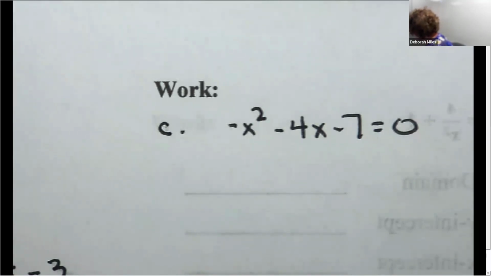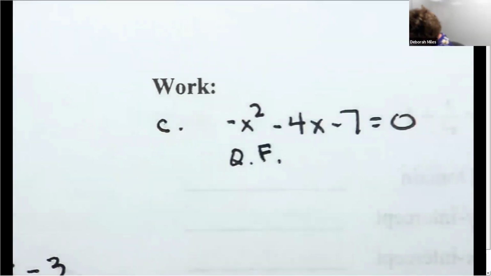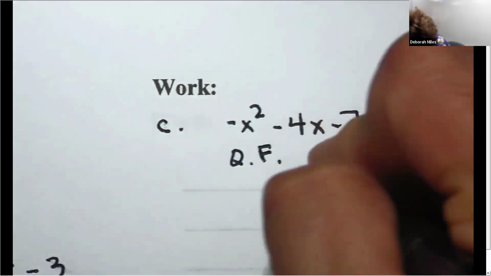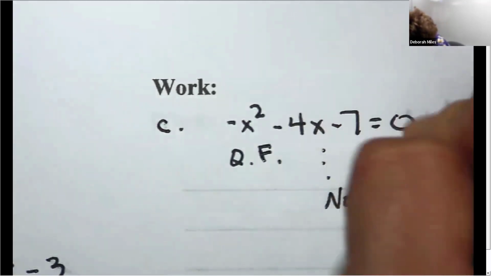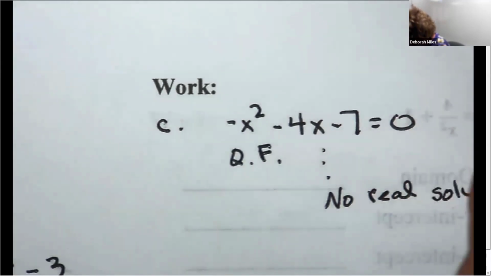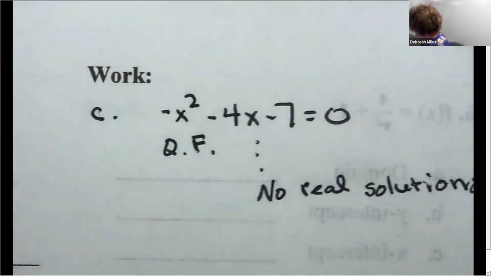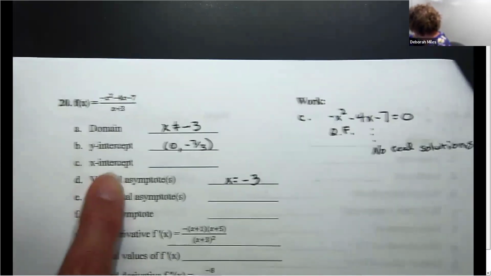What's my other way to solve a quadratic equation? Quadratic formula, I'm going to put, for time's sake, QF. It turns out that there are no real solutions to that equation. You end up with a negative under the radical. So what does that tell you about x-intercepts?